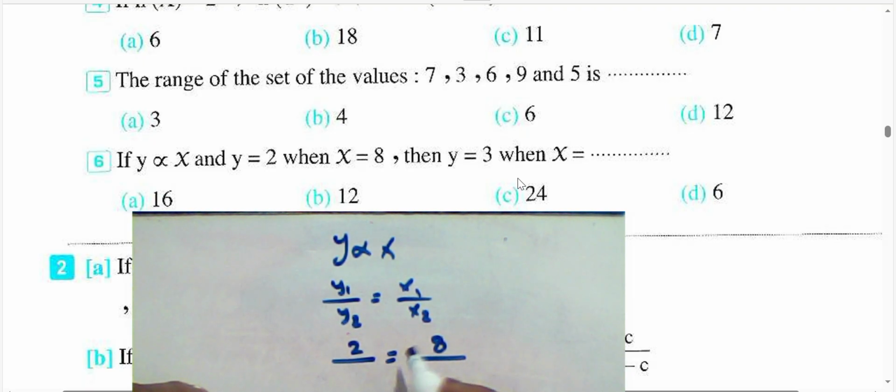He wants x2 when y2 equals 3. And x2 equals 3 times 8, 24. 24 divided by 2 equals 12. And the value here equals 12. Choose letter B. Okay, question number 6. Choose letter B.